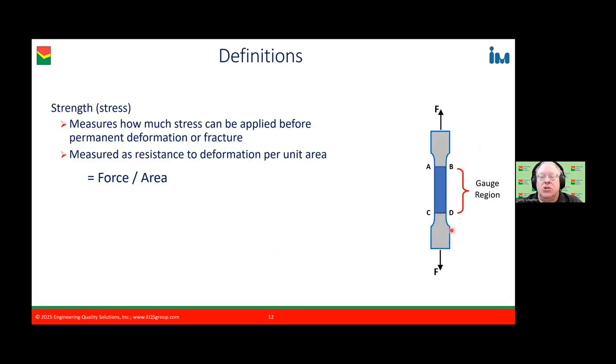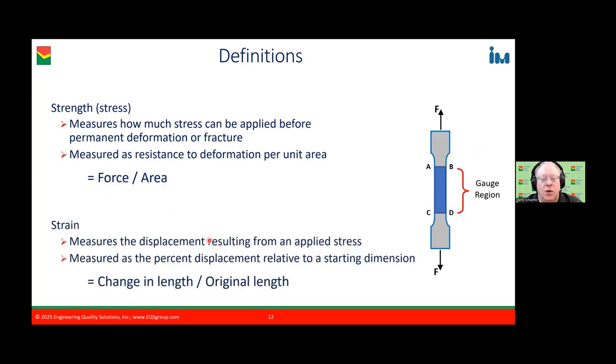What gets measured in a tensile test is stress, measured as force divided by the cross-sectional area, as well as strain, which is looking at the gauge region, which is where we have our extensometer, as an example, or we focus our DIC pattern if you're doing a non-contact approach.